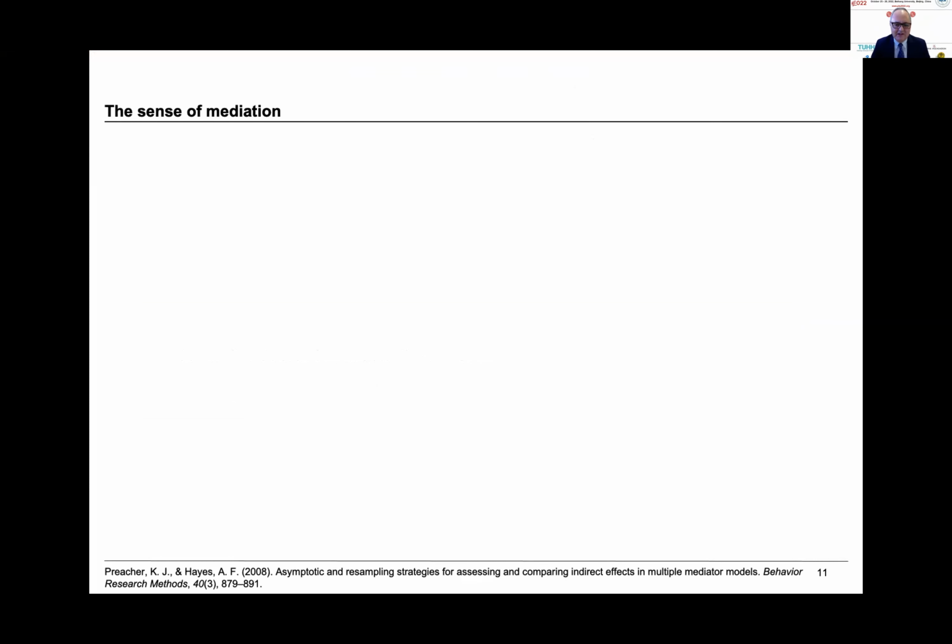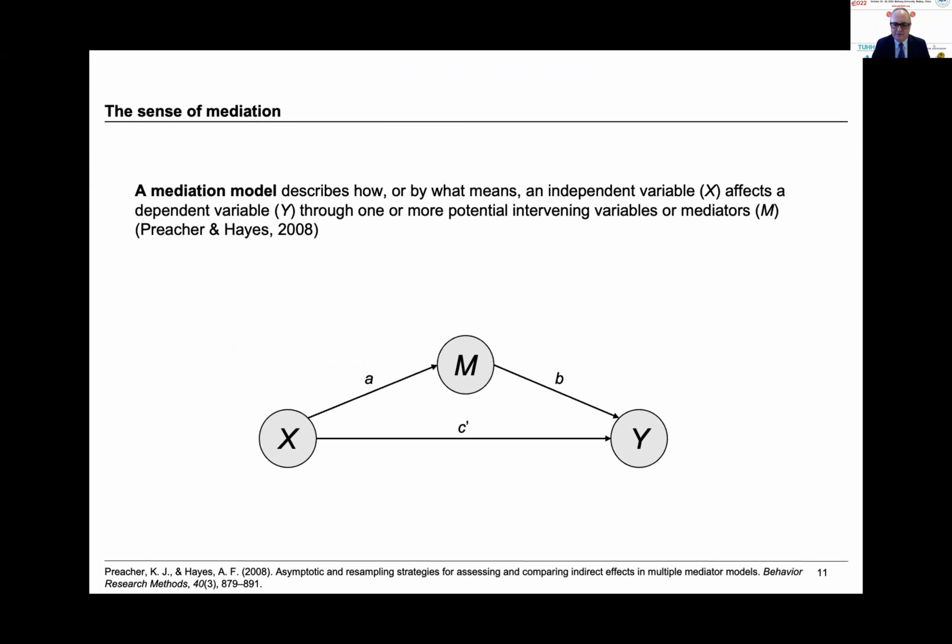Let's start by explaining the science of mediation. A mediation model describes how or by what means an independent variable X affects a dependent variable Y through one or more potential intervening variables or mediators.